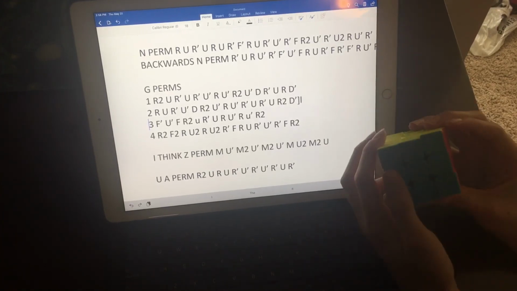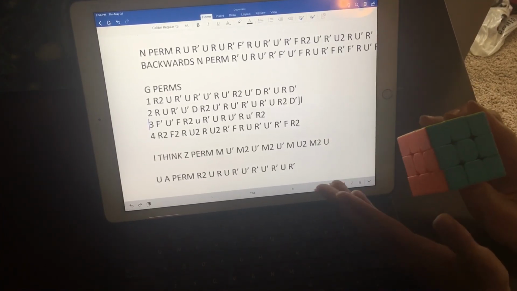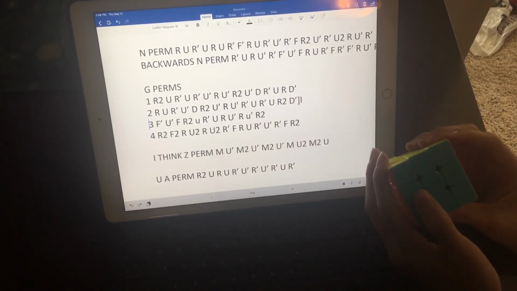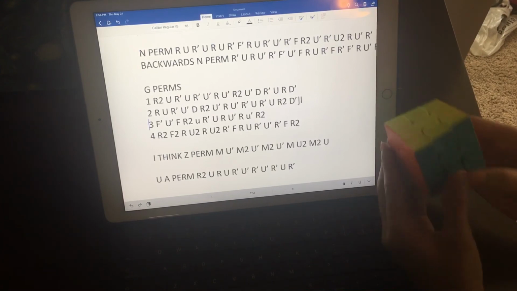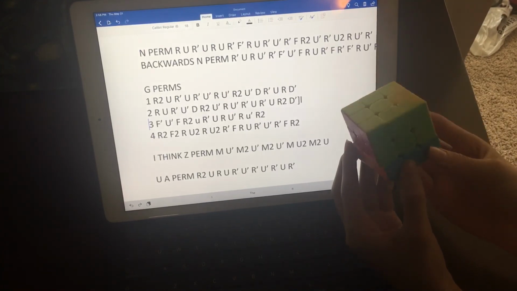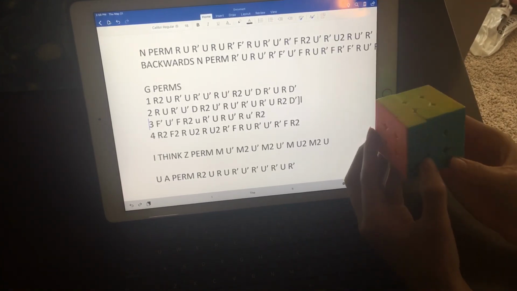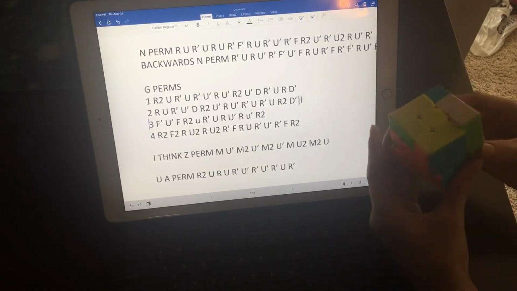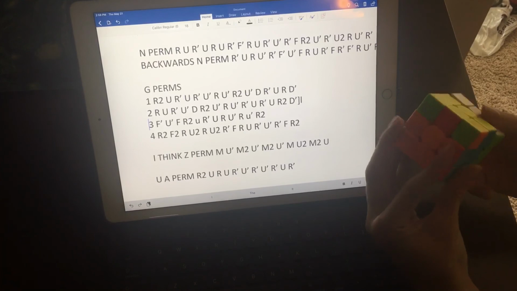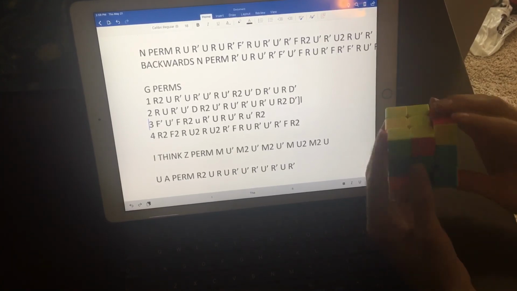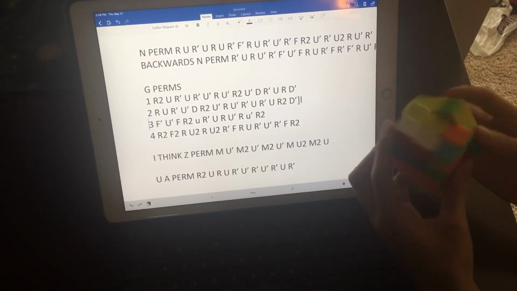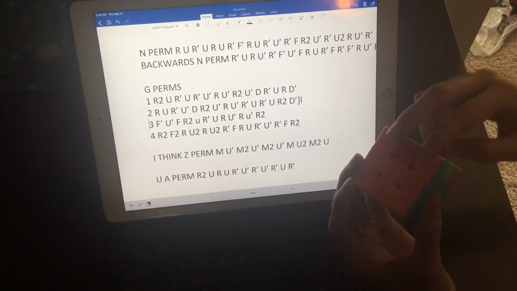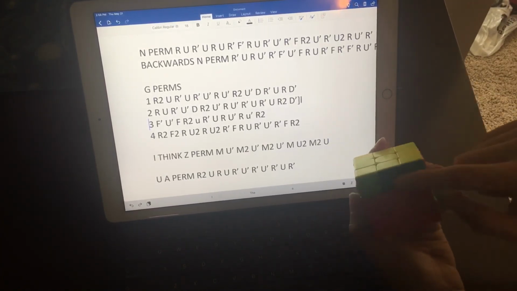Alright, so this next one looks weird because they're small. It's different because they're small. There's a small u. So the u is just the upper layers. So U and U prime. So it's not that hard. F prime, U prime, F prime. So you will see this one with the two dots, and they're on the right instead, on the back.